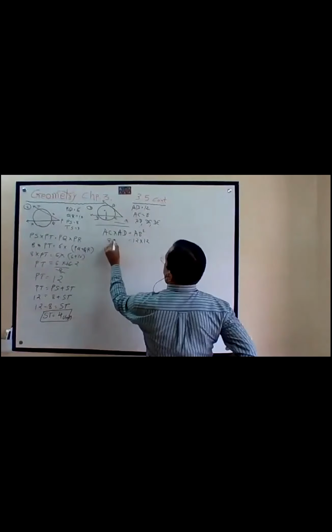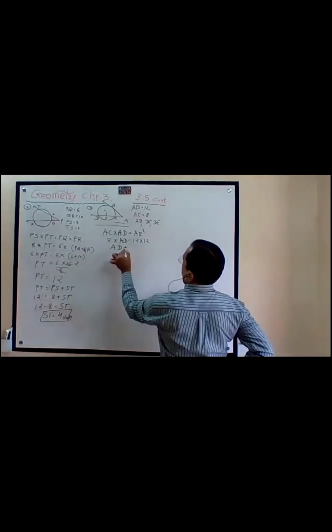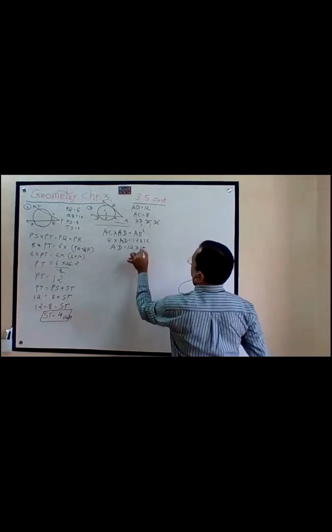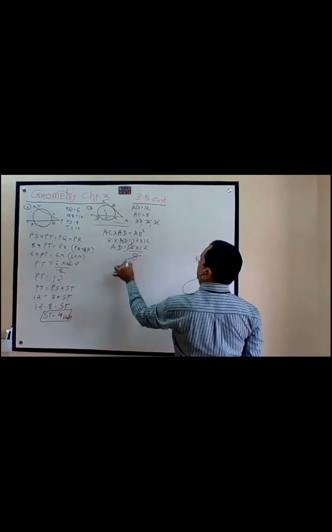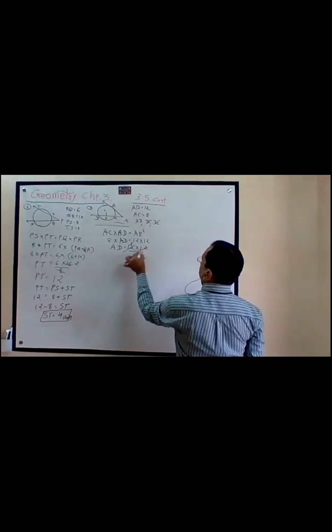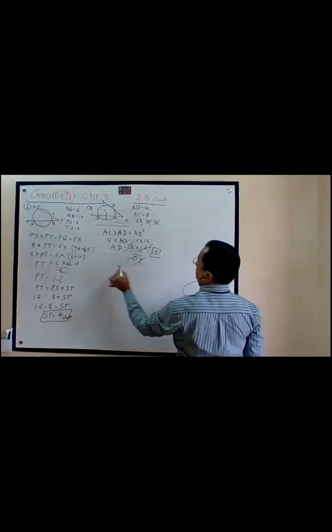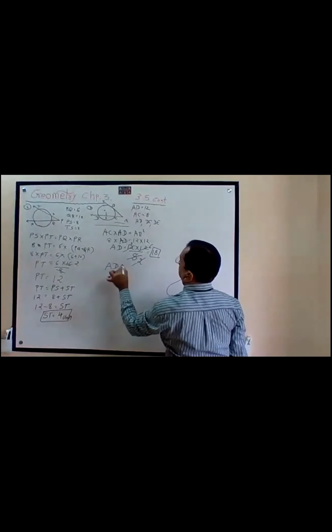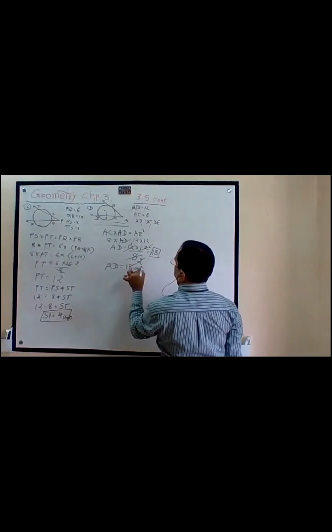AC given 8. AD question. AD equals 12 into 12 divided by 8. 4 threes are 12, 4 twos are 8, 6 threes are 18 units. So AD is equal to 18.